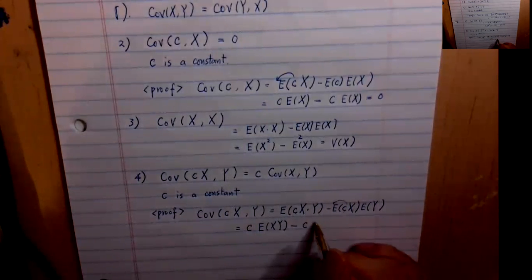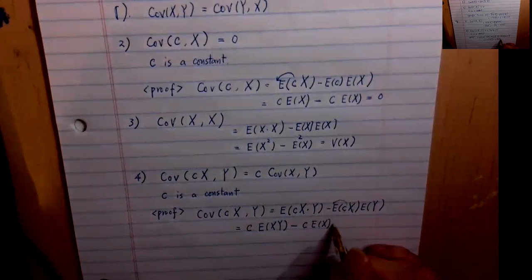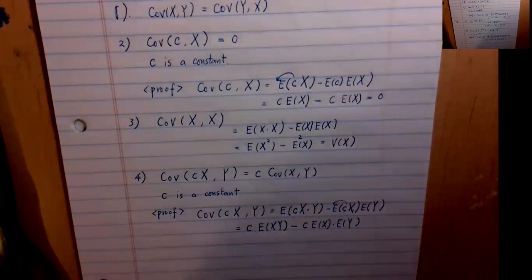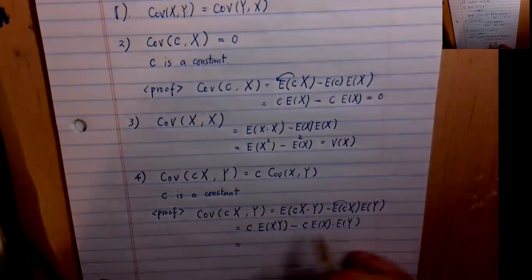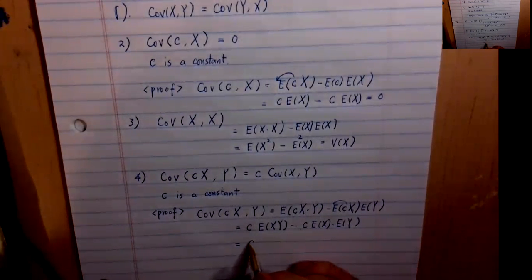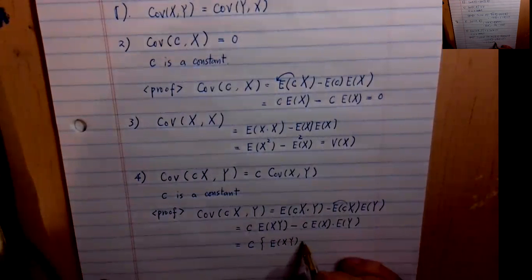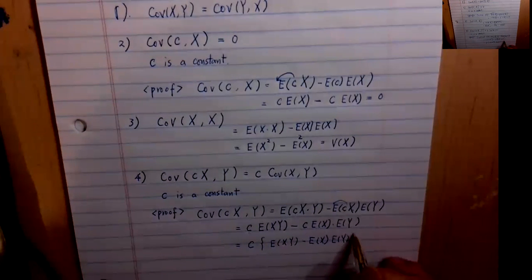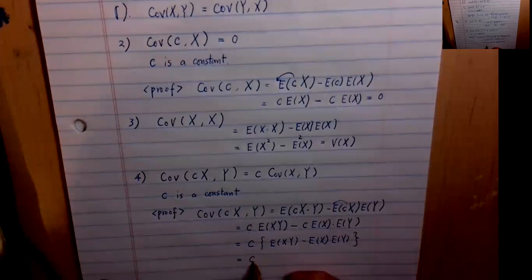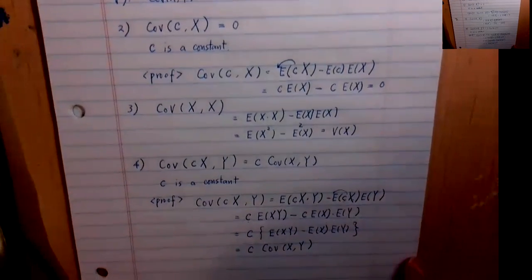So we can rewrite as C times the expected value of X times the expected value of Y. So C is a common factor, we can take it out. That's the expected value of XY minus EX times EY. And this gives C times covariance of XY. That is property 4.